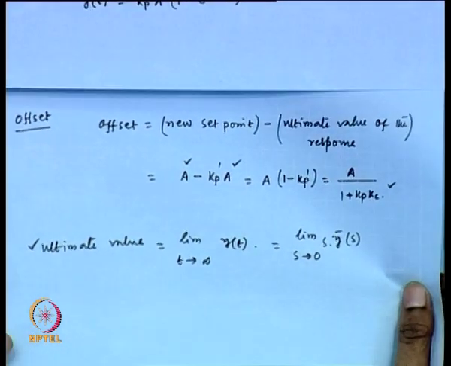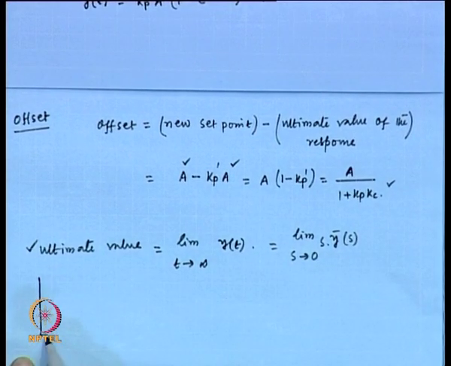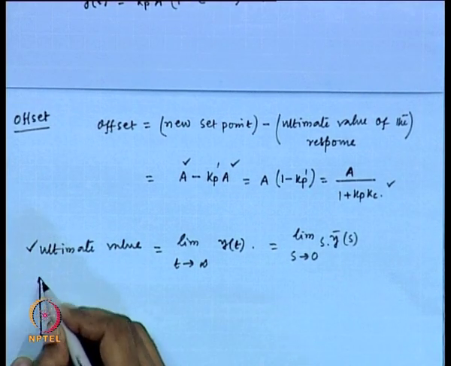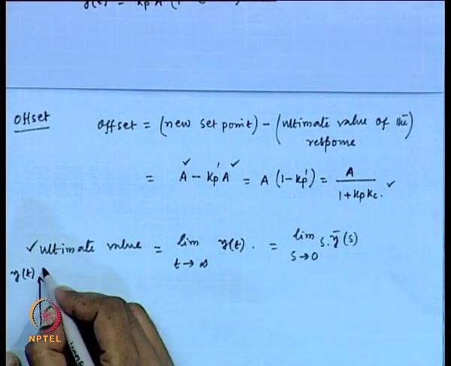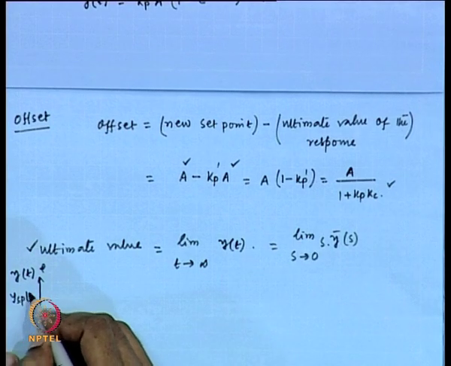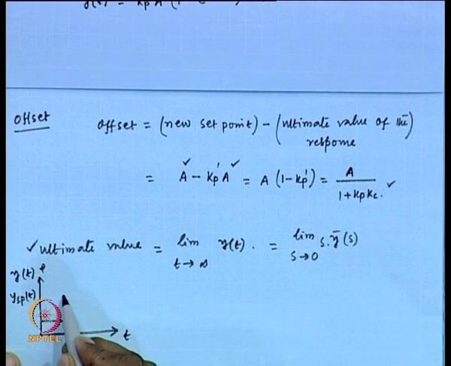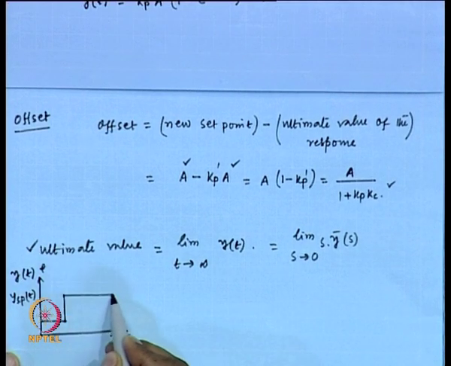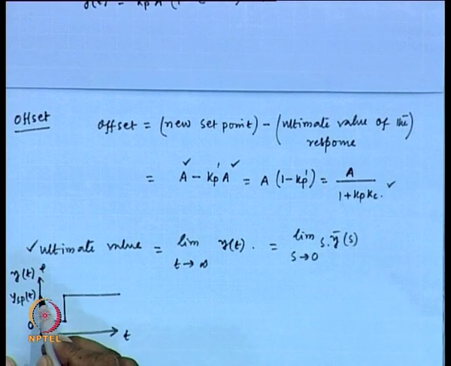So, if we produce the plot in terms of transient response, y and y set point(t). Now, we are introducing a step change in y set point. Initially it was 0. Now, we are giving a change in y set point.